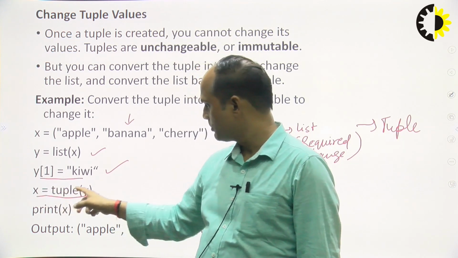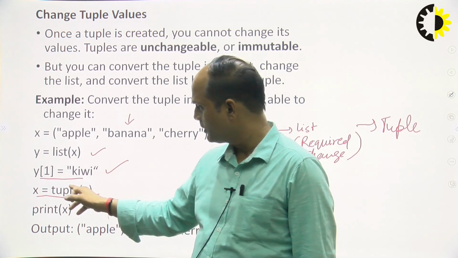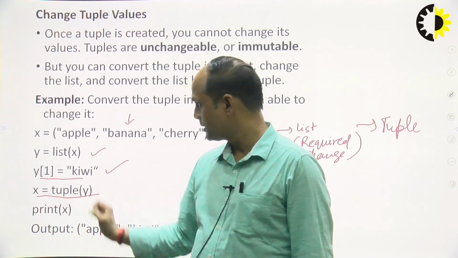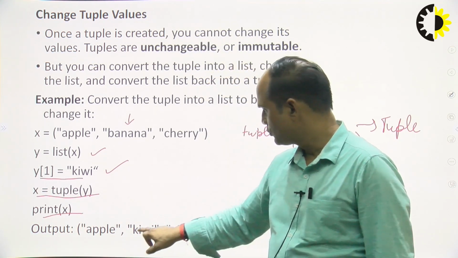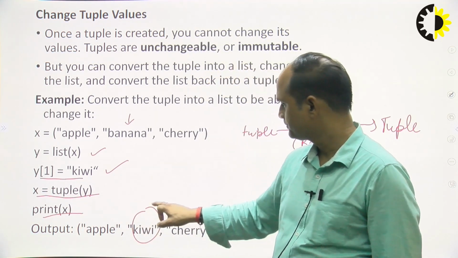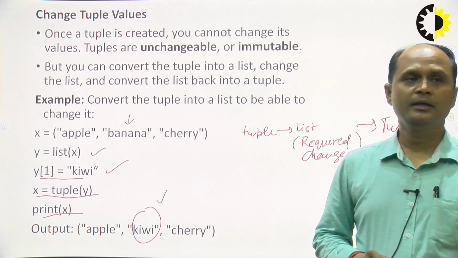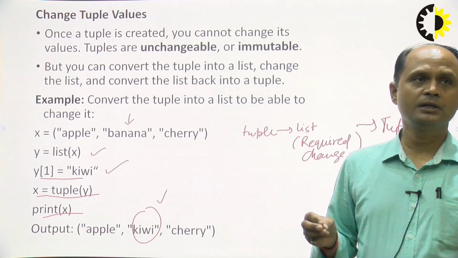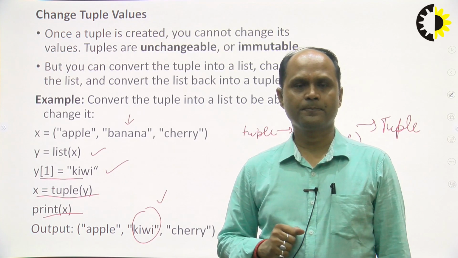X is equal to tuple Y, meaning Y is a list and it is converted into X, which is a tuple. So print X, and the value should be changed. This is the procedure by which we can change the data items in a tuple.